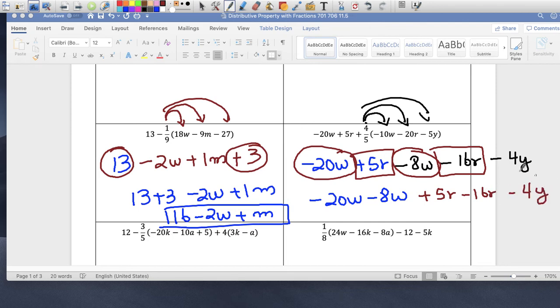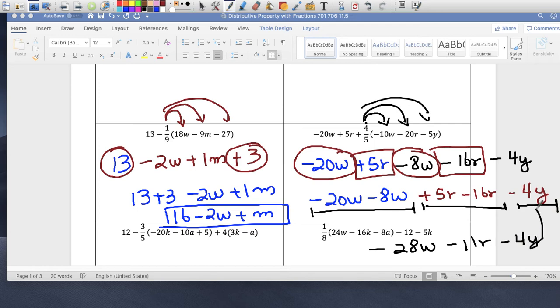The minus 4y is going to just stay in the back, so there's nothing to do there. So let's take care of these two. Negative 20w minus 8w is the same thing as negative 28w. 5r minus 16r is going to be negative 11r. And then copy that. Done.